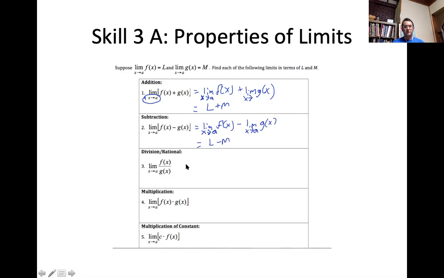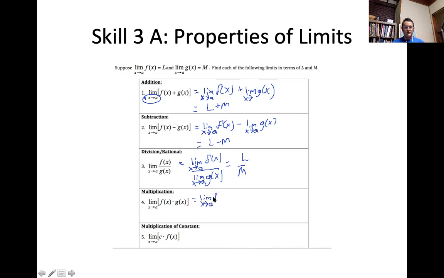And if I have a rational type of situation here, I could actually just do the limit separately and then divide. I have the limit as x approaches a of f of x over the limit as x approaches a of g of x, and that would be equal to L over M. And we can also do multiplication with limits as well.